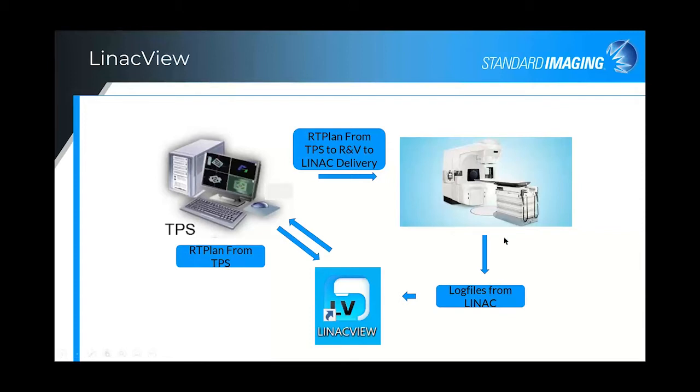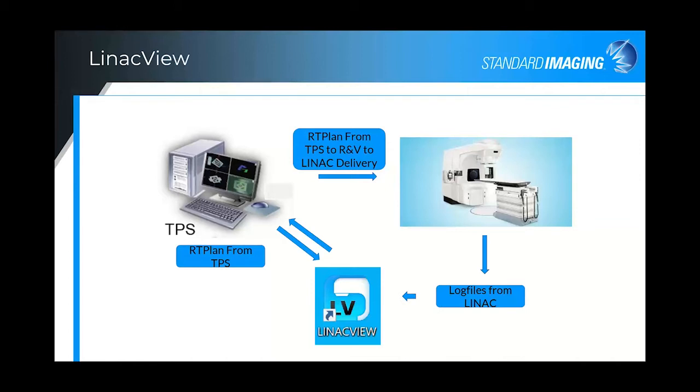LinacView has a system that listens for the log files and continuously in the background, once installed, analyzes those as they are received. LinacView takes this measured data from the LINAC in the form of log files to compare to the RT plan. The log files contain such information as leaf and jaw positions, monitor unit, gantry angle, collimator angle, and couch position.